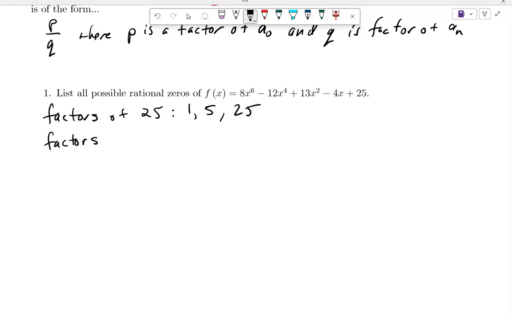So the leading term is 8x to the 6th. The leading coefficient is 8. So we want factors of 8. What are your factors of 8? 1, 2, 4, 8, right? Okay.